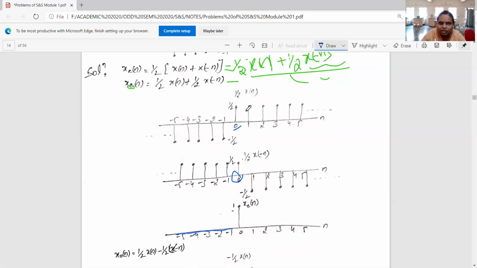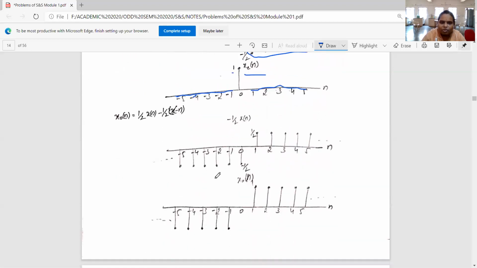Then from 1 to 5, here is the positive 1 by 2 amplitude, and here is the negative 1 by 2. 1 by 2 minus 1 by 2 will be 0. For that reason, here you don't get any samples, it will be 0 only. So when you add both the signals, you will get the amplitude 1 at 0 only. That is the even part of the signal.